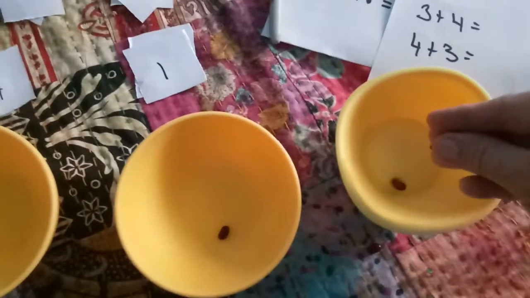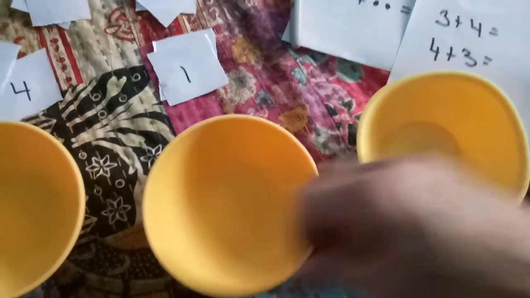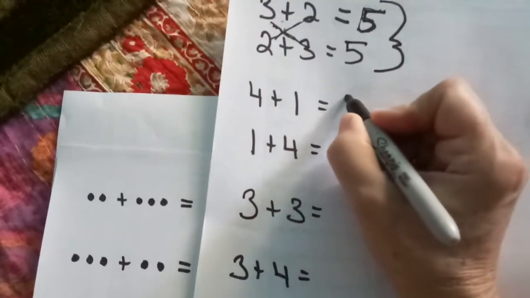And in this one, we'll put 1. And when we put them all into the dish together, we're going to count 1, 2, 3, 4, and 1, yep, equals 5. So we can come over here, 4 plus 1 equals 5.